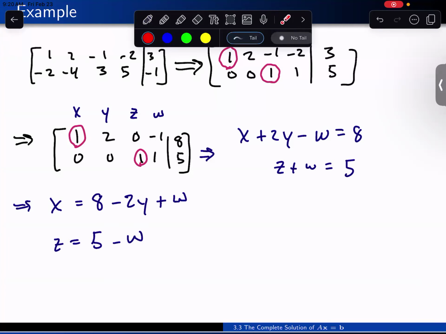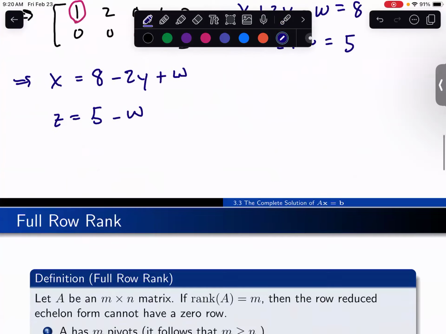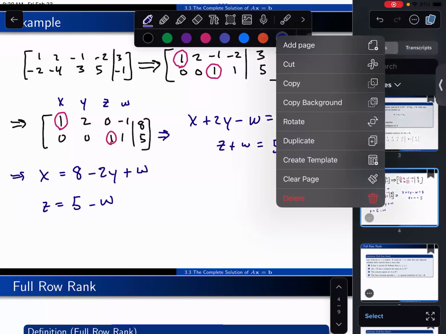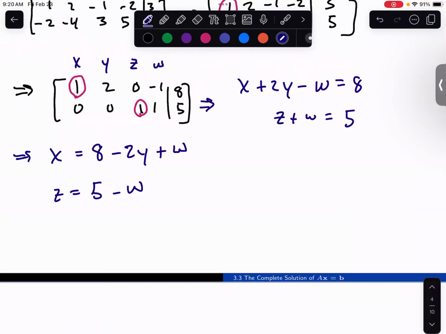And so everything is pretty much the same as we were doing on Wednesday, except now we have these constants, right? And so we can follow the exact same process we did on Wednesday. I'm gonna make a little bit more space here. We can write out this generic vector x, y, z, and w.